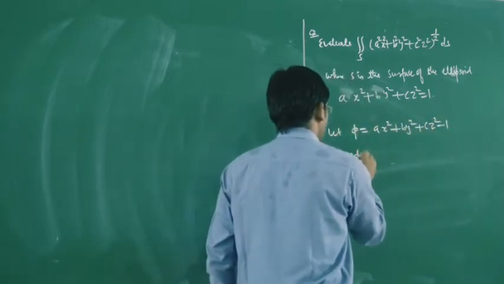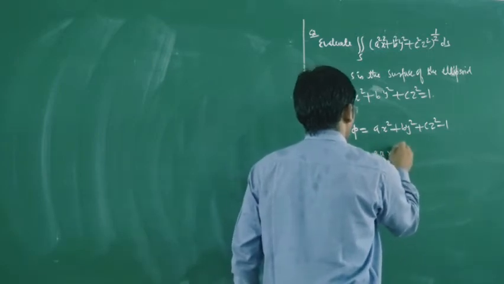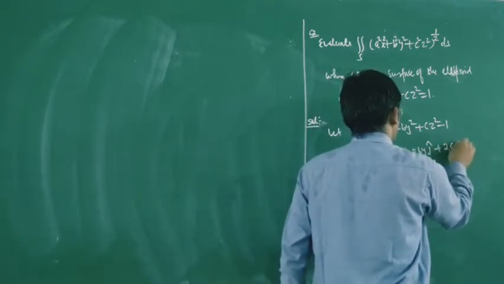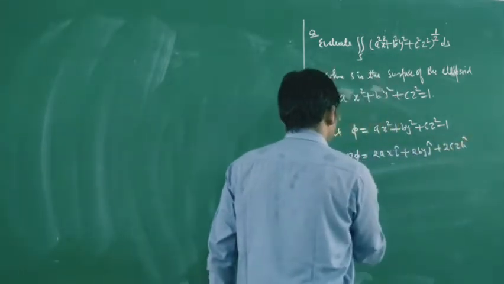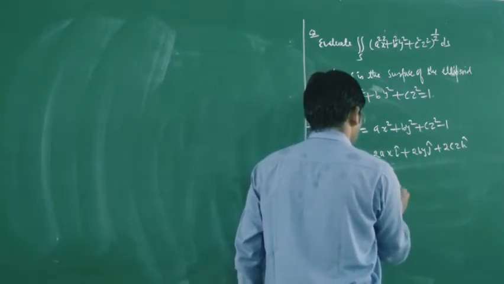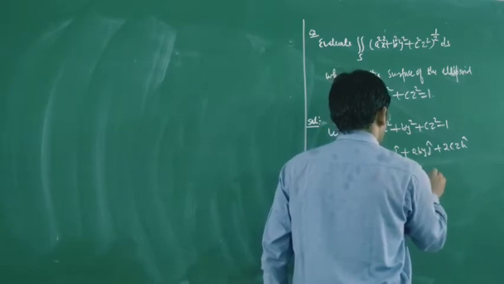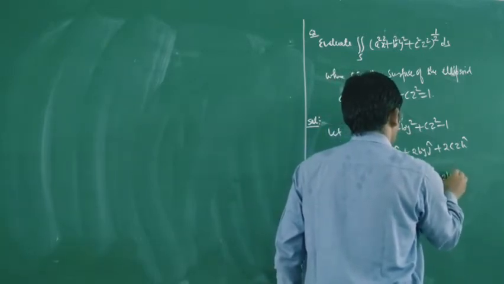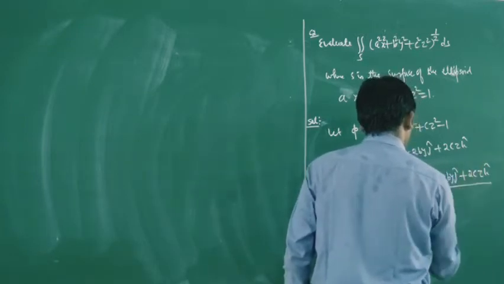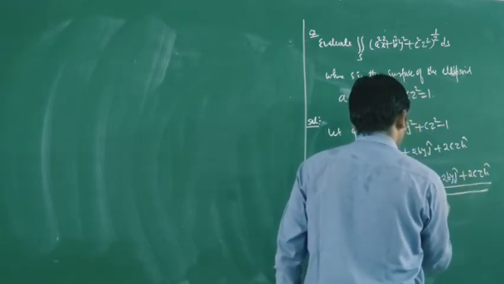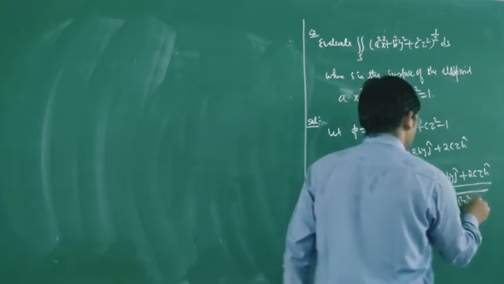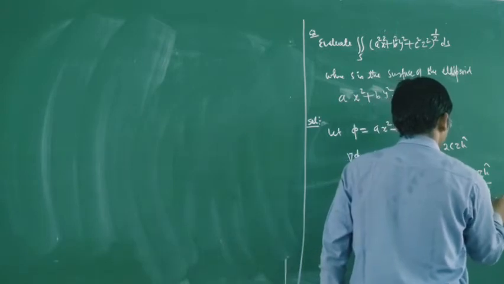So your grad phi will be 2axi plus 2byj plus 2czk, and your surface normal will be grad phi upon mod of grad phi, and this is equal to 2axi plus 2byj plus 2czk upon square root of 4a square x square plus 4b square y square plus 4c square z square.